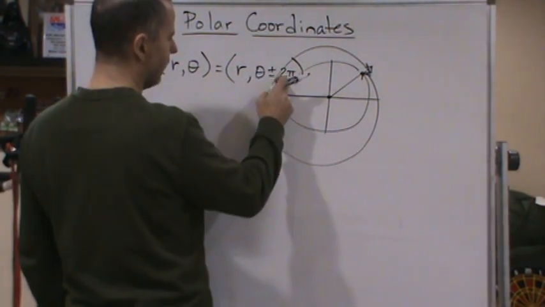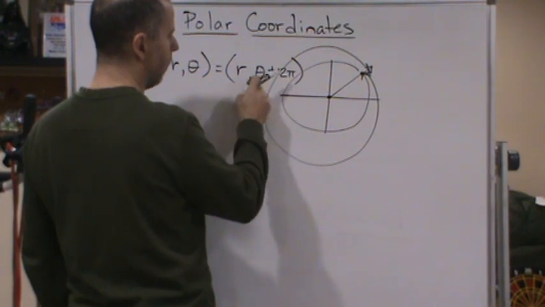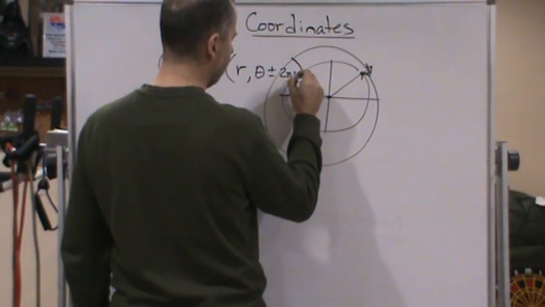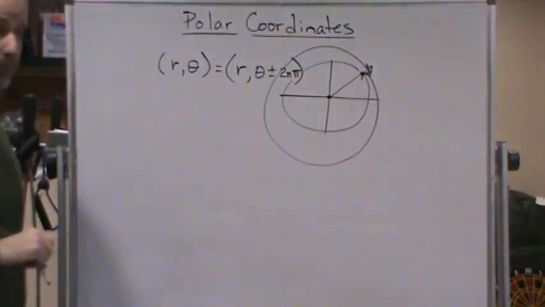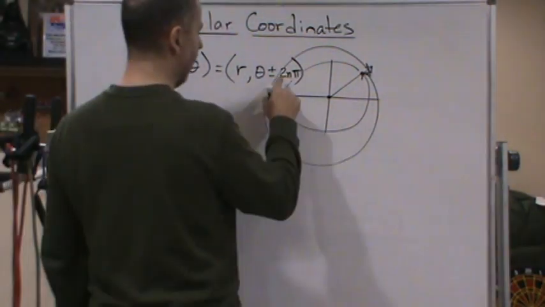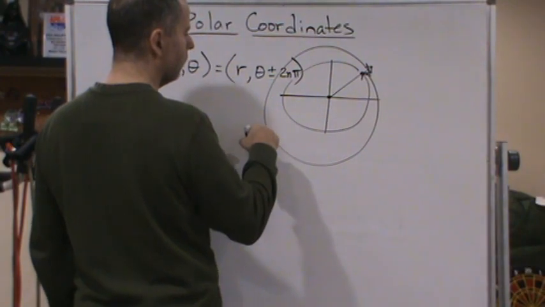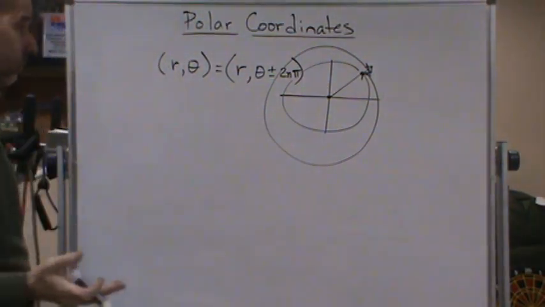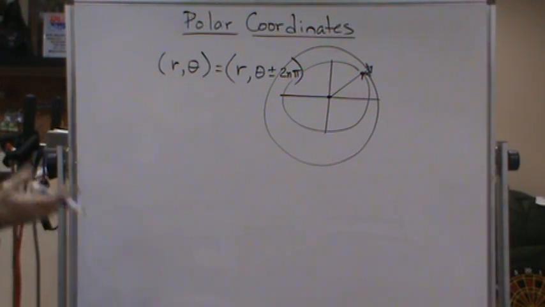So I can add or subtract any multiple of 2 pi. In general, I would just put in 2n pi, plus or minus any multiple of 2 pi, where n is an integer, will give me a coterminal angle, or coinciding points.